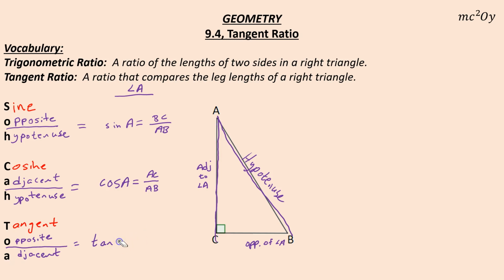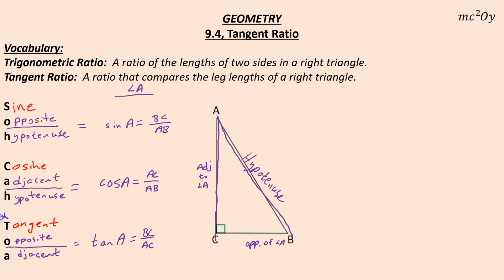Okay, tangent of angle A is equal to the opposite side, opposite of A, which is BC, over the adjacent to A, which is AC. Okay, those are the ratios. Now that's dealing with angle A. If we were to switch it and deal with angle B, it would be something different. Okay, and we'll see that in the next problem here.